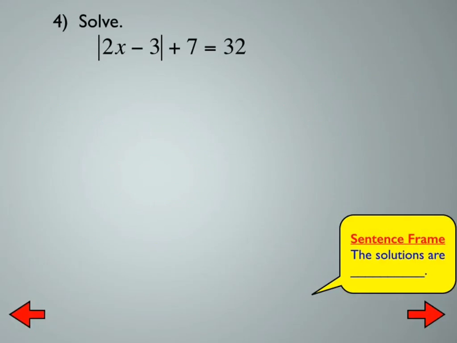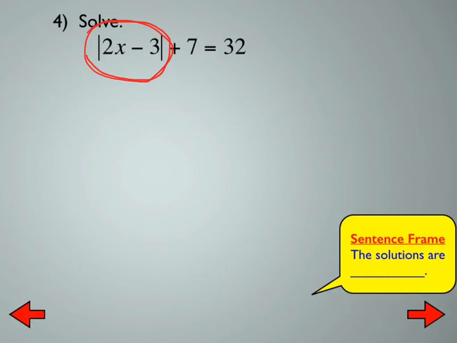Now, number 4. Notice that the absolute value part is not by itself. So the general rule of thumb is, let's get this part by itself. That way I can easily then split it up into 2 equations. So if I want to get that part by itself, what would I have to do to make that happen?